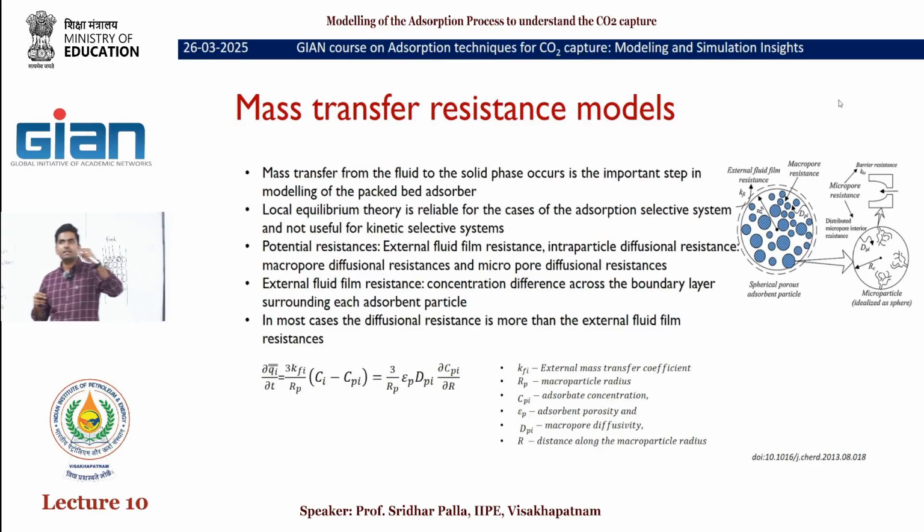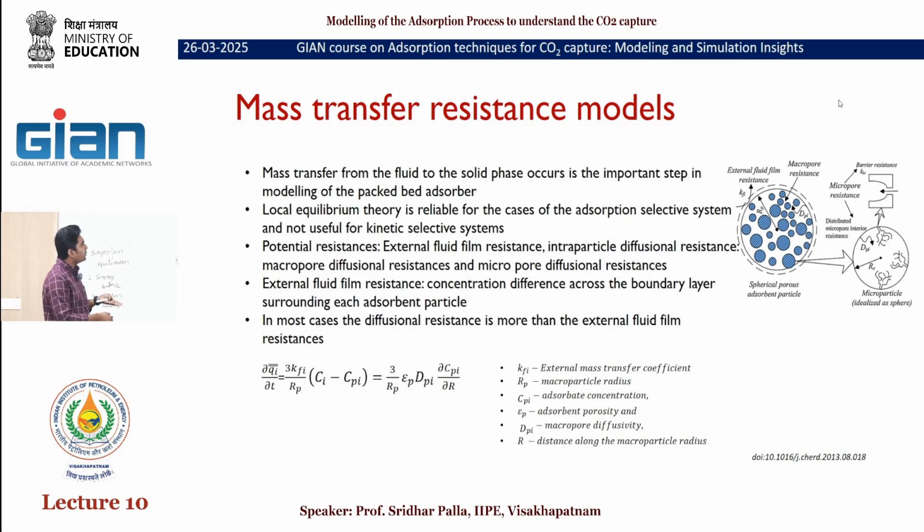Micropore means the particles have small pores, and how the gas molecules diffuse through the pores of that particle is the micropore diffusional resistance. Coming to this external fluid film resistance, the concentration difference across the boundary layer surrounding each particle will give us this film resistance.